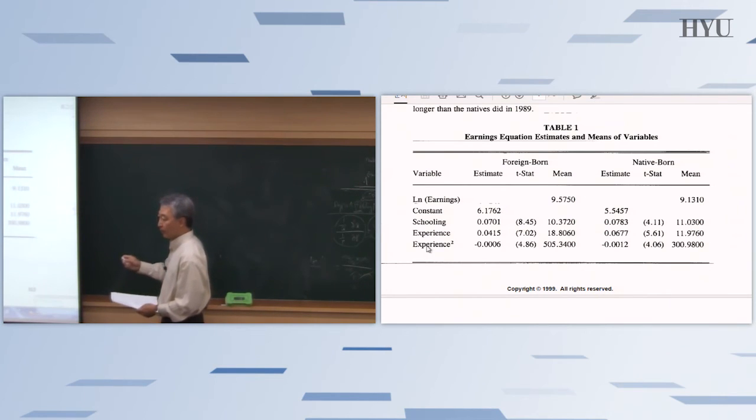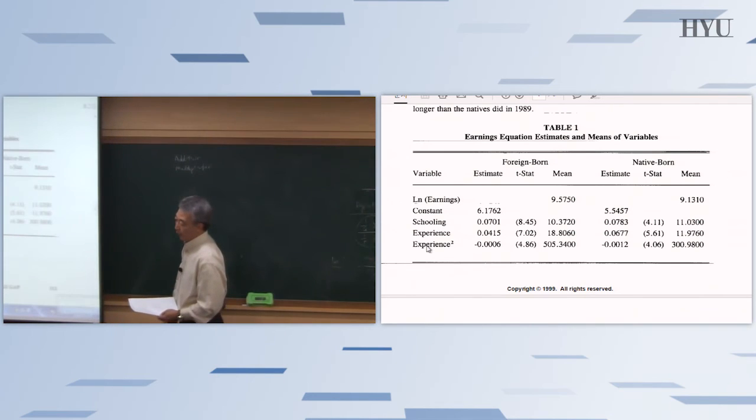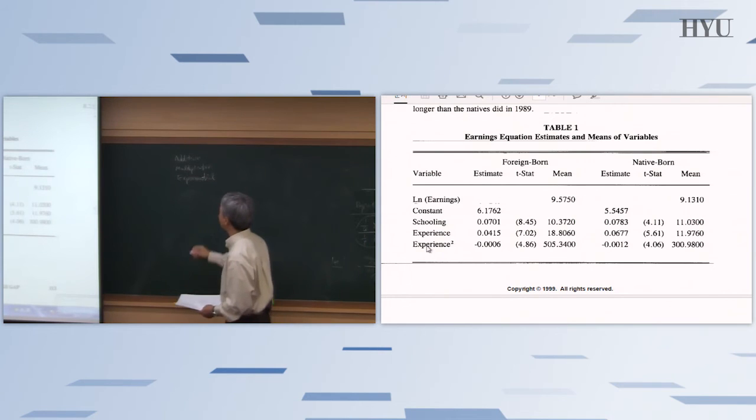We talked about the additive model, the multiplicative model, and the last thing I'm going to introduce here is the exponential model.